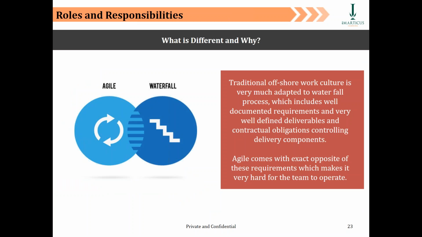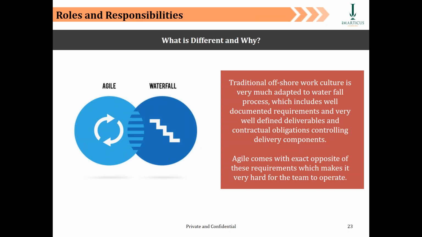So if this slide has to give you a meaning, it's very clear. Agile comes with exactly the opposite of the requirements which are there in waterfall. The traditional offshore work culture is pretty much adapted to waterfall, which includes nicely done-down requirements, very well defined deliverables, and then that going into building, testing, and handovers. Agile is the opposite, which makes it harder for the team to operate.